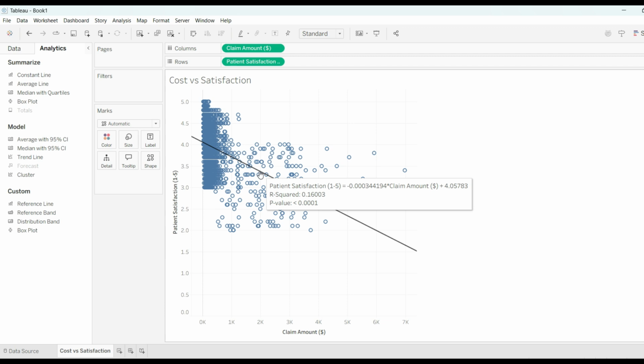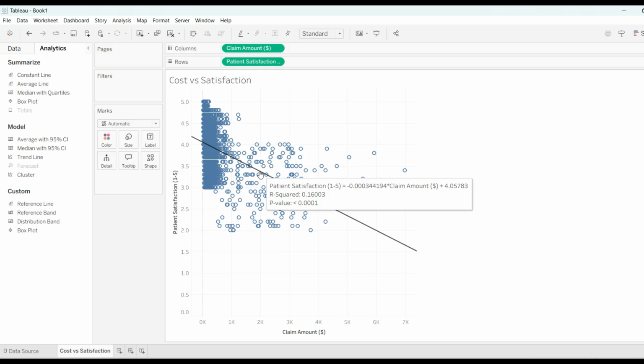If I tried to do predictive analytics with you here, I would spend more time teaching statistics than evaluating models. You don't need to know the math, but you should know that the line represents the best possible straight line summary of the relationship between cost and satisfaction.